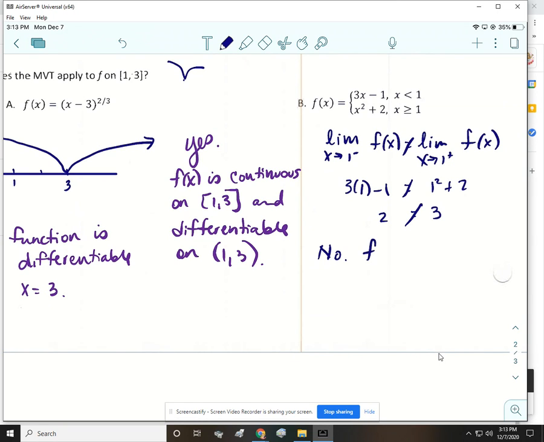So we would say f of x is not continuous on the closed interval from 1 to 3. And if it's not continuous, you don't even need to worry about the differentiable part.